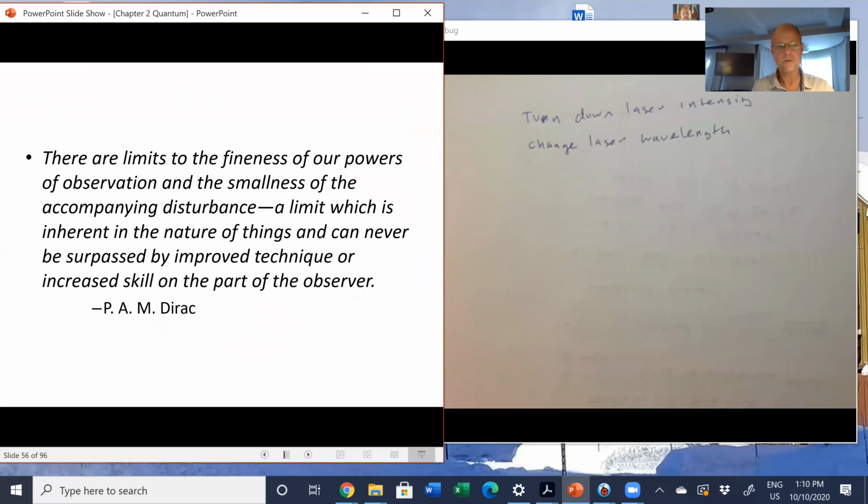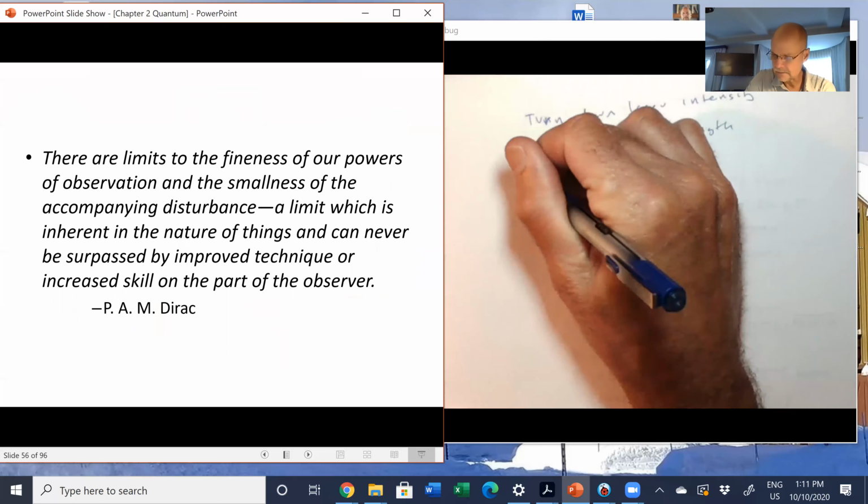Dirac put it this way. He said, there are limits to the fineness of our powers of observation and the smallness of the accompanying disturbance, a limit which is inherent in the nature of things and can never be surpassed by improved technique or increased skill on the part of the observer, right?